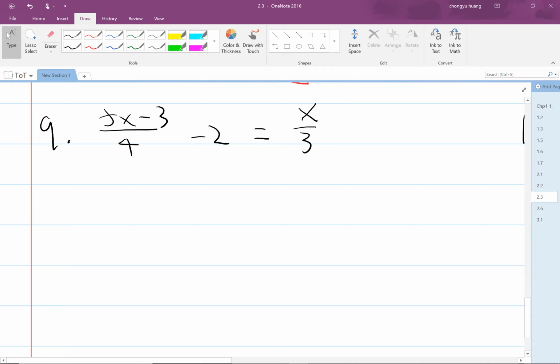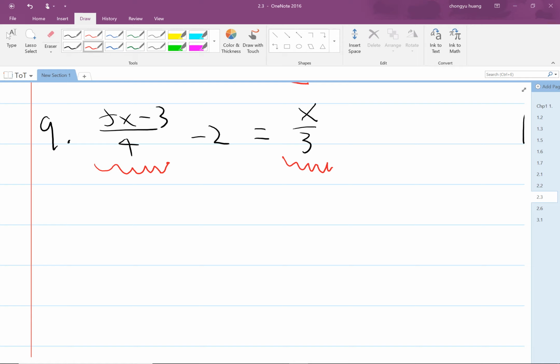Okay, so you see on the left hand side we have this term, right? In order to solve for x, we have to get rid of the denominator. The denominator over here is 4, and the denominator on the right hand side is 3, right?